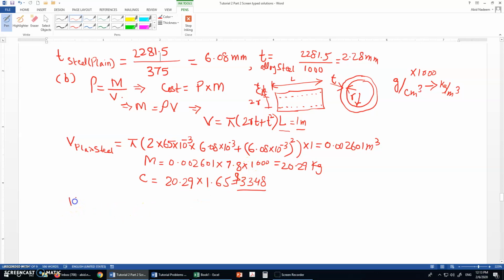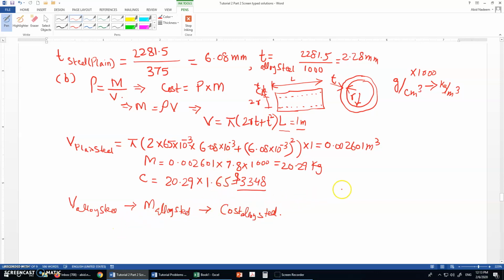So you will get the volume for alloy steel, then you will find the mass for alloy steel, and then you will find the cost for alloy steel. Since the calculations are similar in nature, I will not show these calculations over here.